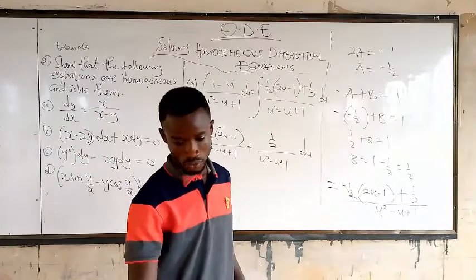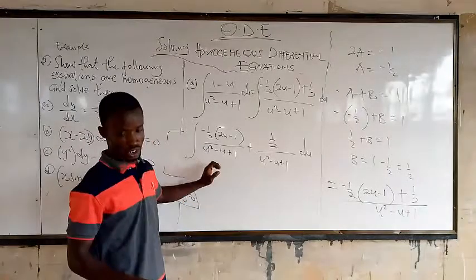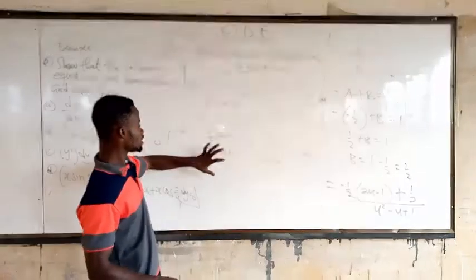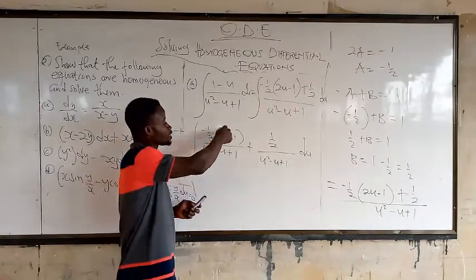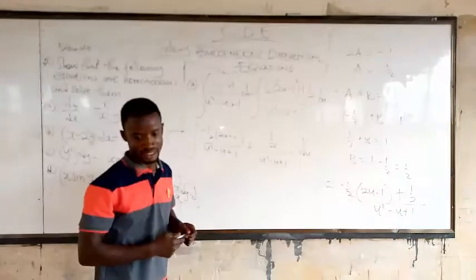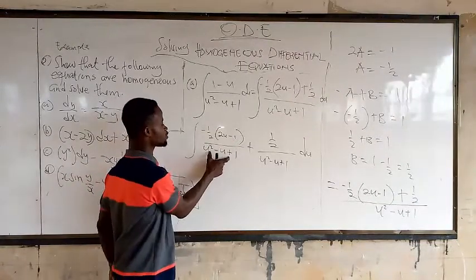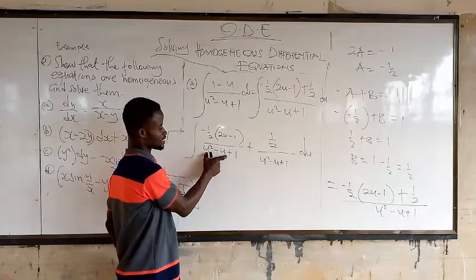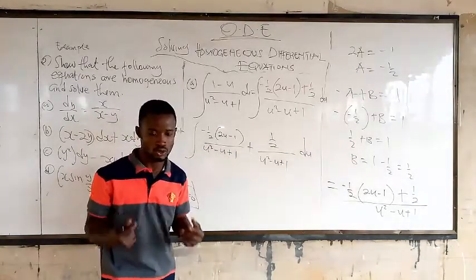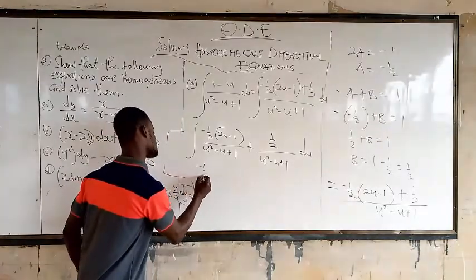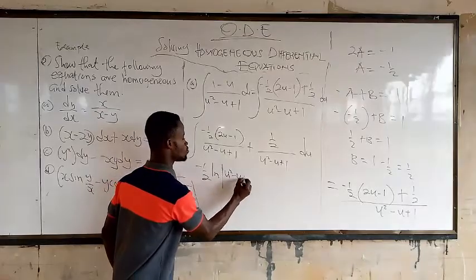By integration, what we have here is a function and its derivative. Don't forget that, because if you differentiate the denominator, you are going to get this. This is calculus 2. So here you are going to get negative half ln of u squared minus u plus 1.